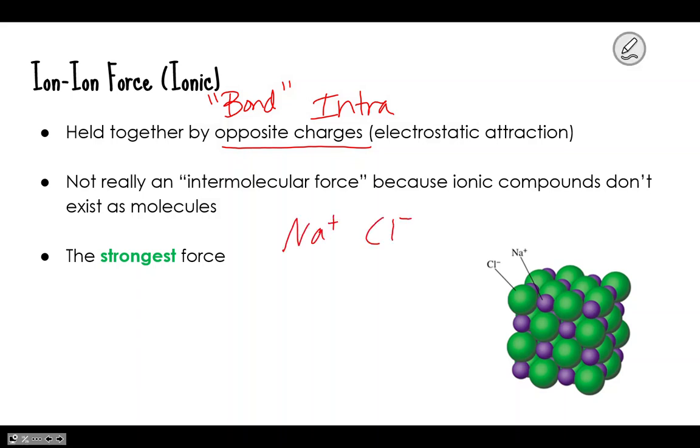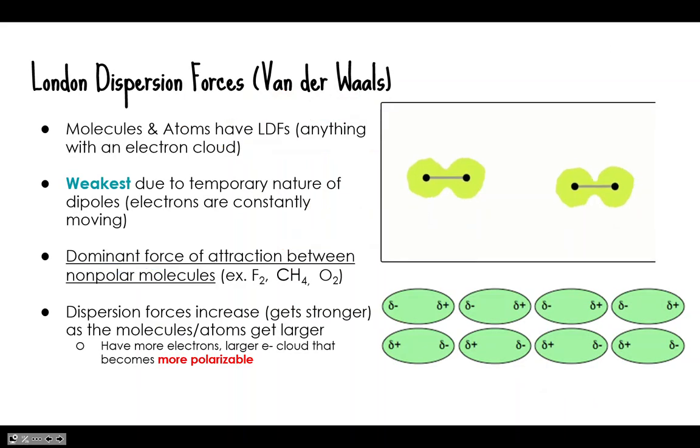They are attracted by the full charges. That forms the force between them, that electrostatic attraction. Now, if you compare ionic bonds to anything that's going to be an intermolecular force, it is always going to be much stronger. So that's why we call it the strongest force here, in comparison to any of the interforces.